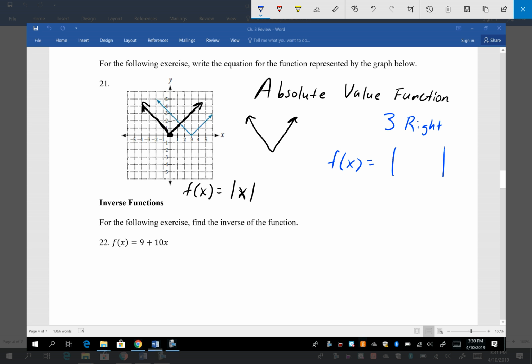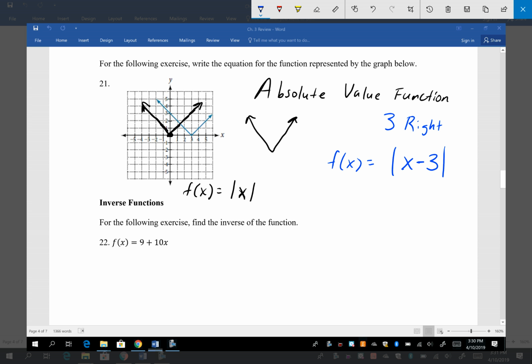Why in the absolute value, Jalen? Very good. So Jalen's right. Anything outside would be up or down. Anything inside is going to be left or right. And just be careful when you do inside. You want to think opposite.